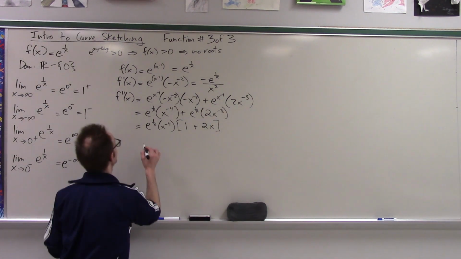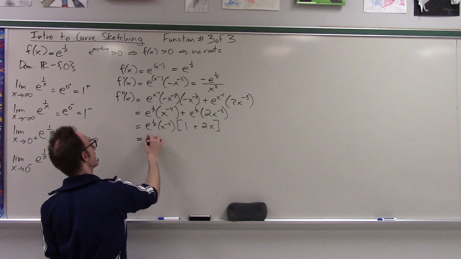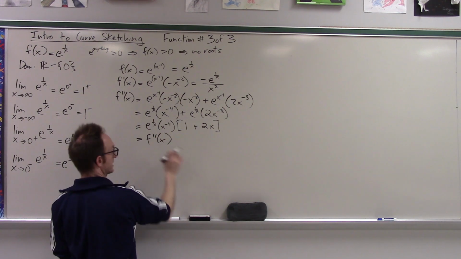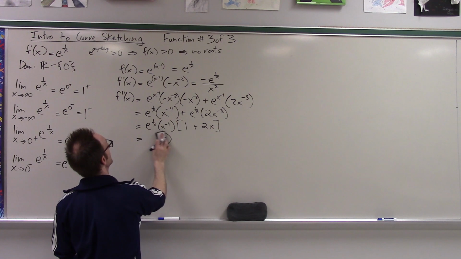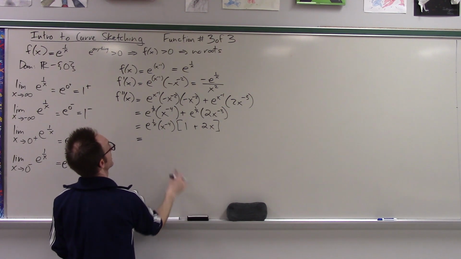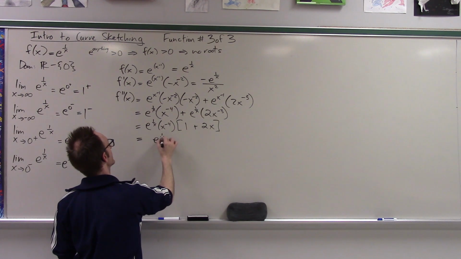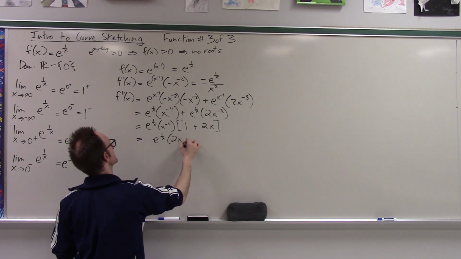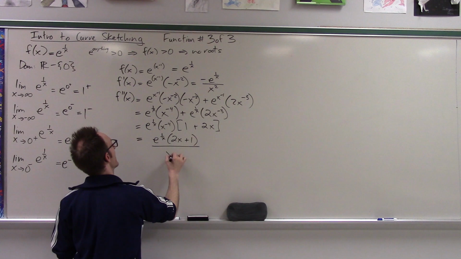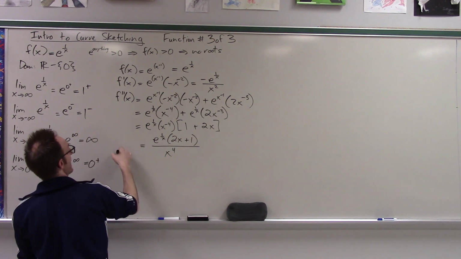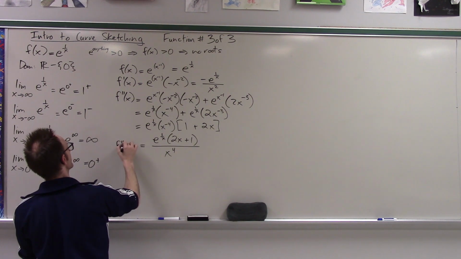Okay, so believe it or not, my second derivative function will be e to the 1 over x, times 2x plus 1, over x to the 4th. Whew. All right, so that's f double prime.